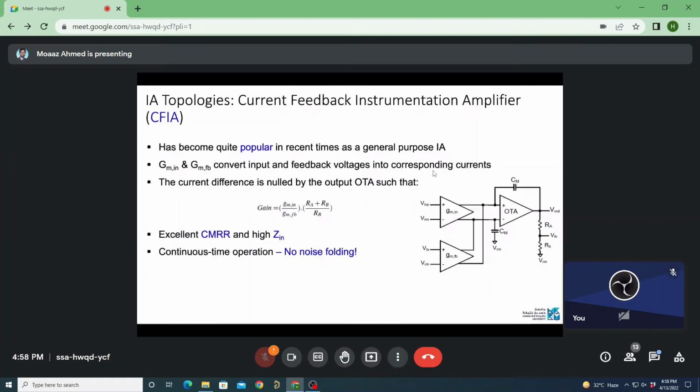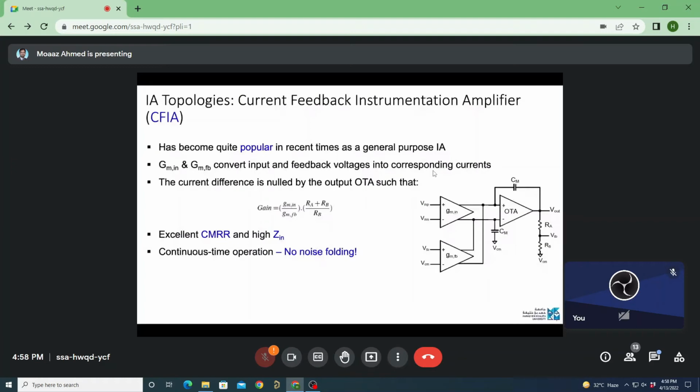So if GM in and GM feedback are the same, the gain is essentially determined by the ratio of the resistors RA and RB. These resistors could be implemented off chip, with well laser trimmed, matched resistors to have an excellent gain definition, or they can be implemented on chip.